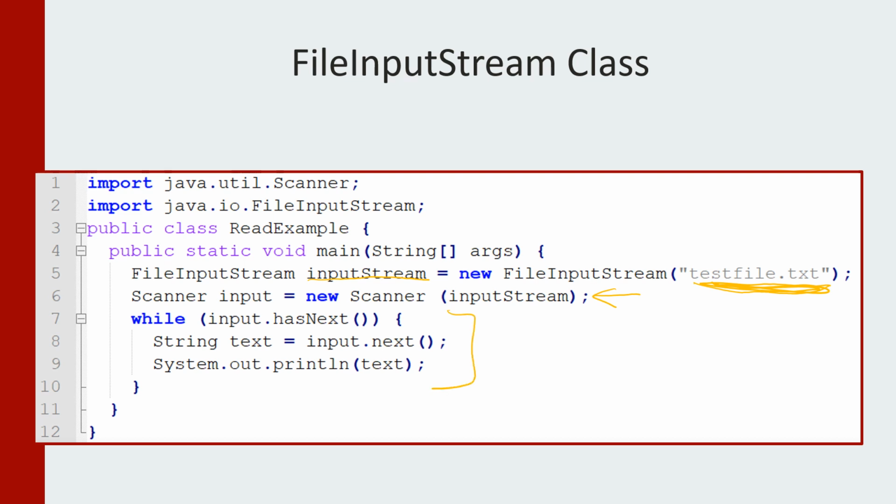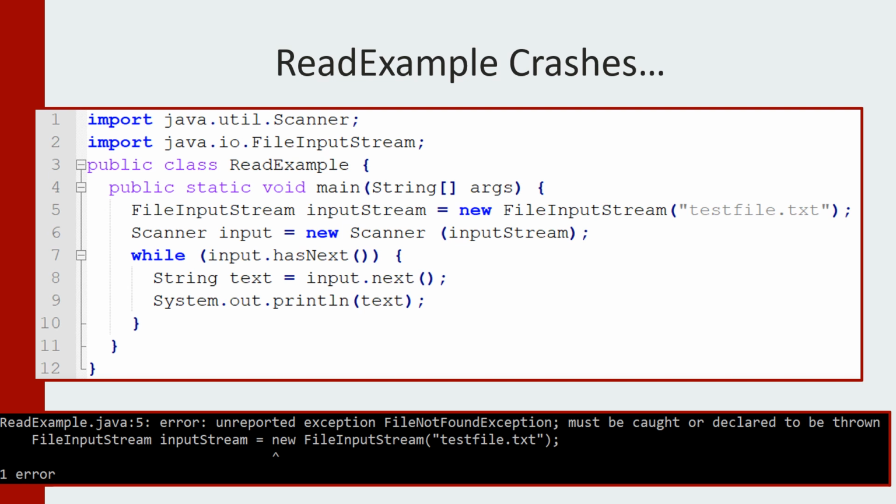So let's take a look at how this might run. I tried to compile and run it, but it turns out it's going to have a compile error, called FileNotFoundException. So right here it's saying for some reason, file not found.